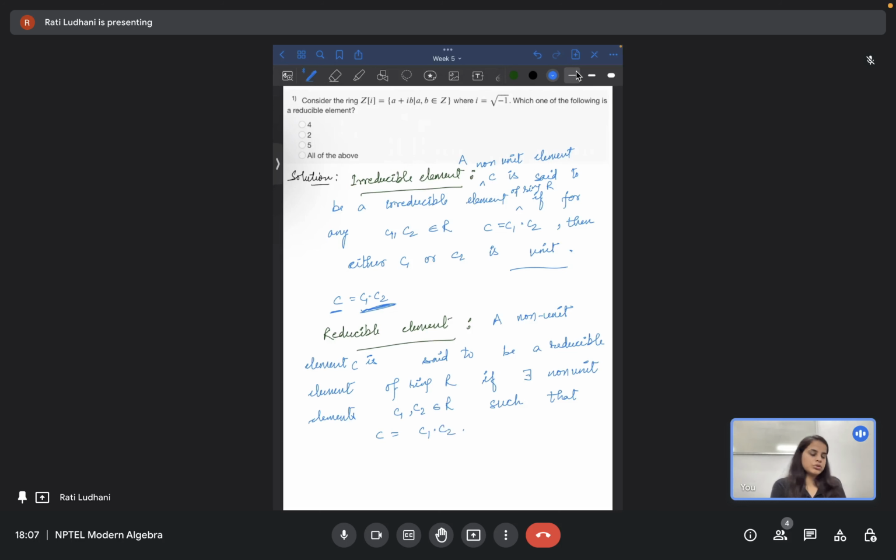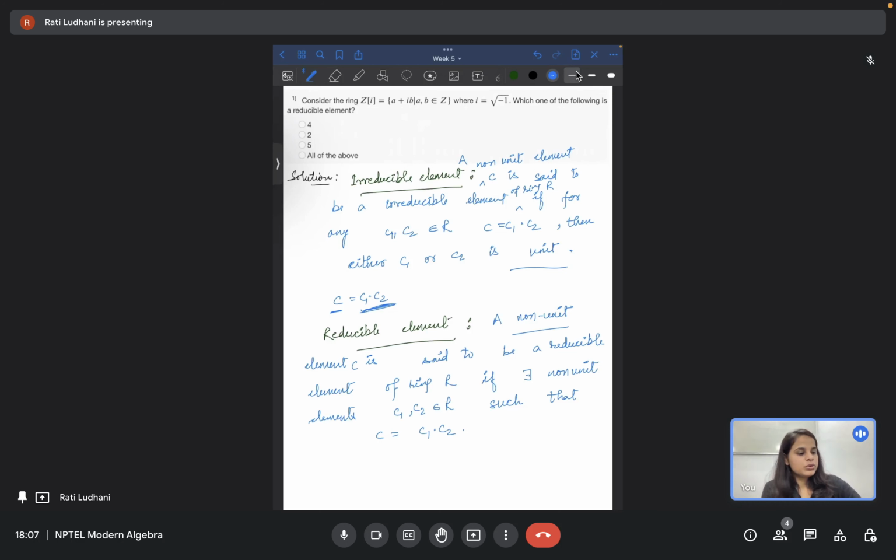So you have two non-unit elements and this is the case. Is the definition clear? If you can write it as the product of two non-unit elements, then it is reducible, and it should be a non-unit element to begin with.